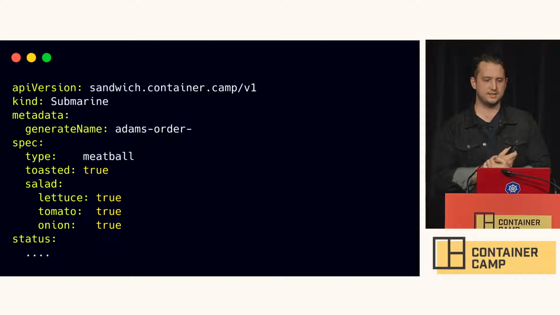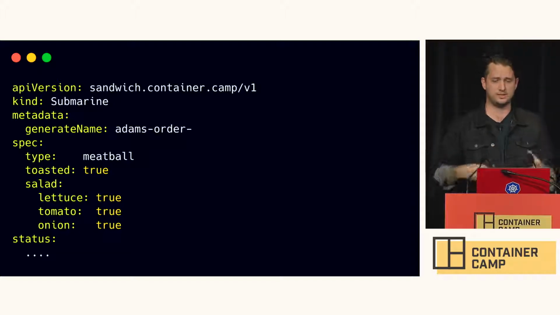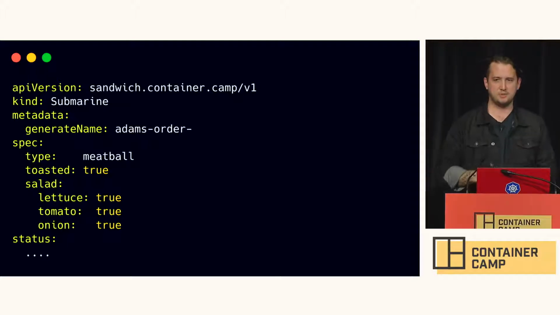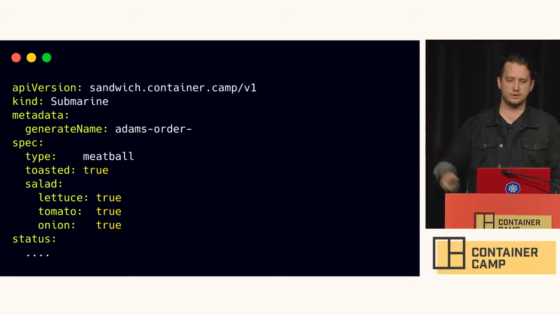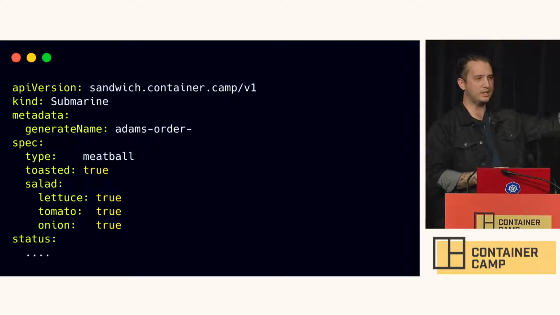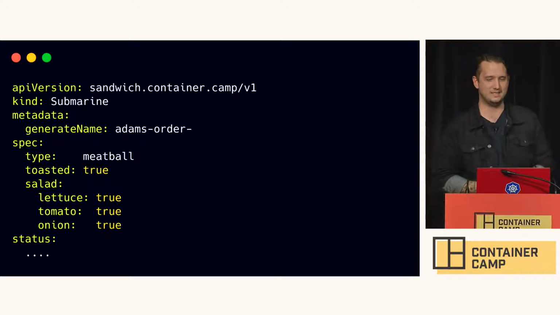So this is the spec that I ended up going with and I'm going to use for all my requests in this step through. And like every good sub, maybe it's a meatball, maybe it's toasted, maybe it's got some salads. We can extend this API as we go, so we can add more salads as we want. But this is a very clear definition of what our intent is for the platform.